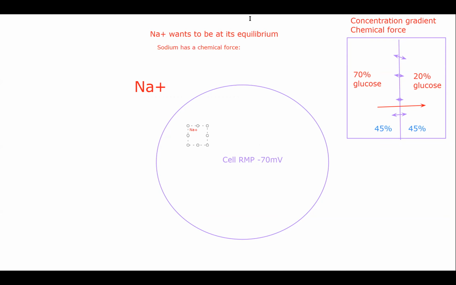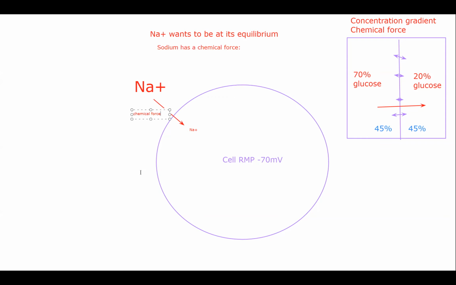So just like glucose wants to go down its concentration gradient, sodium wants to go down its concentration gradient as well. It wants to enter the cell. And as we mentioned, we call this its chemical force because it is trying to reach equilibrium.